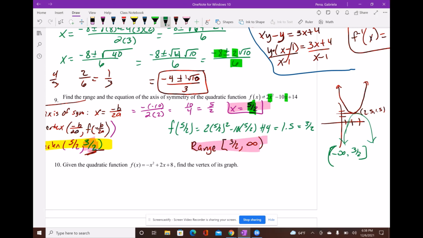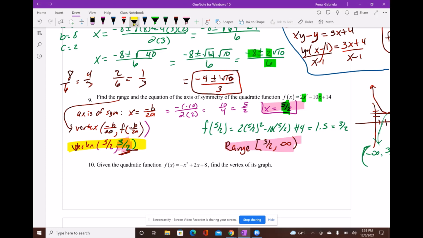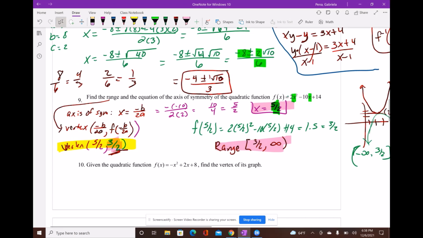Now, when we look at number 10, given the quadratic function, find the vertex of its graph. So, our equation part from number 9, is it that long one? What equation? This one? It says an equation. The equation of the axis of symmetry is this one.